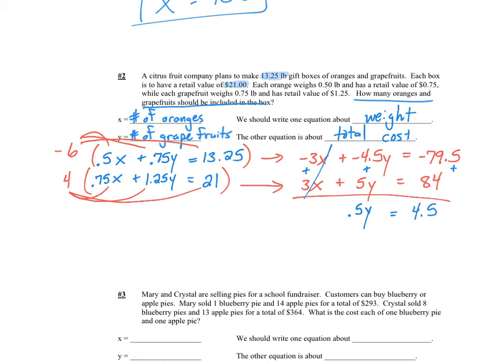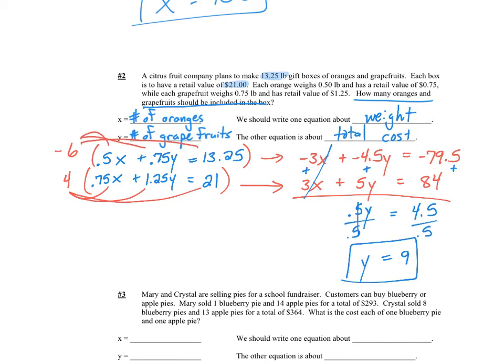So we get 0.5y equals 4.5. How do you get rid of a times 0.5? We divide by 0.5 to cancel that out. So y equals 4.5 divided by 0.5, which is 9. So that means we have 9 grapefruits, because y is 9.